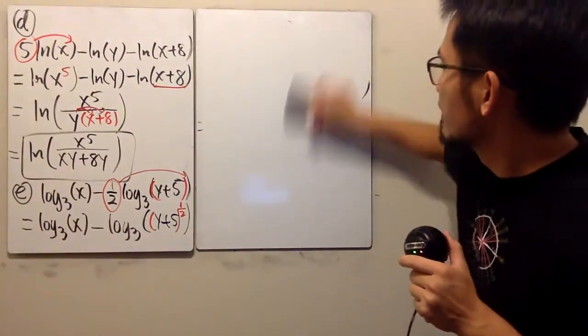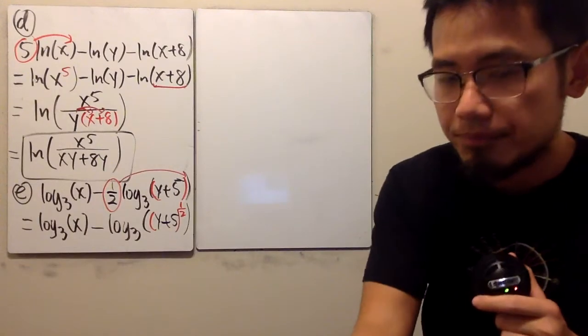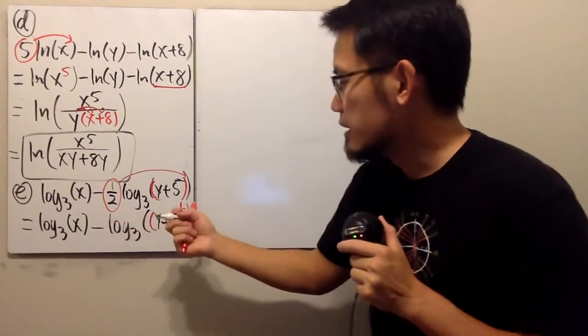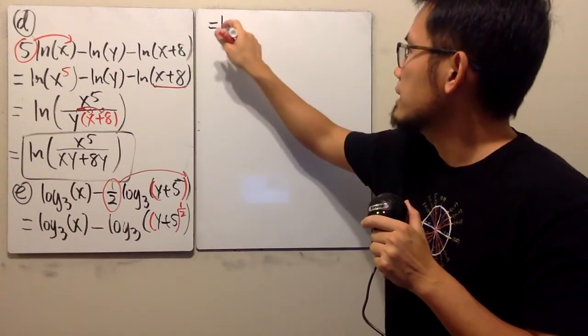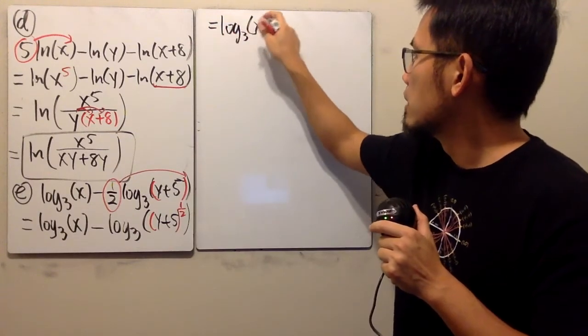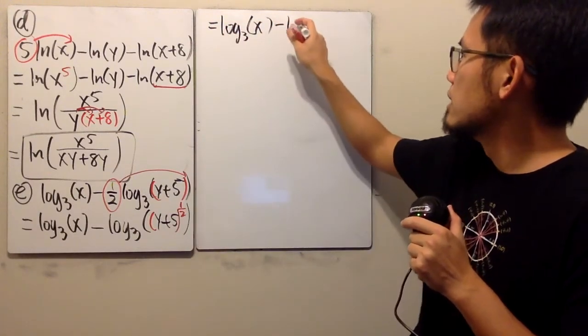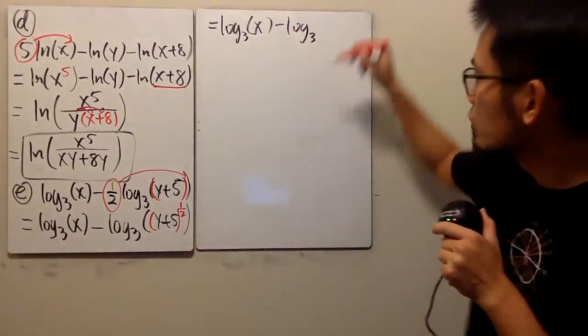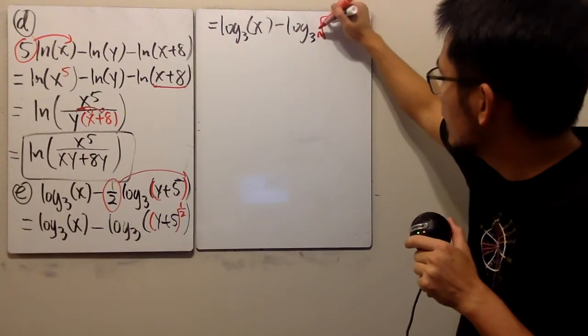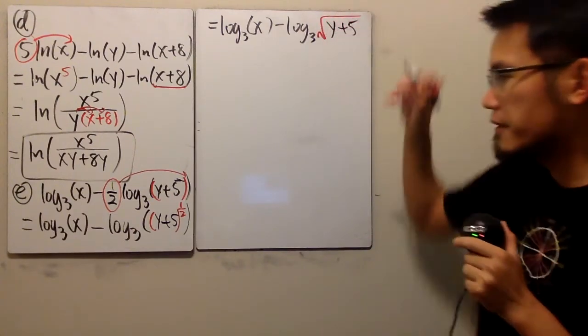So that's great. So let me continue right here. As we can see, this right here is going to be equal to still log base 3 of x, but then we will have to minus log base 3, and this right here becomes a square root. So just open a square root, and we have y plus 5.